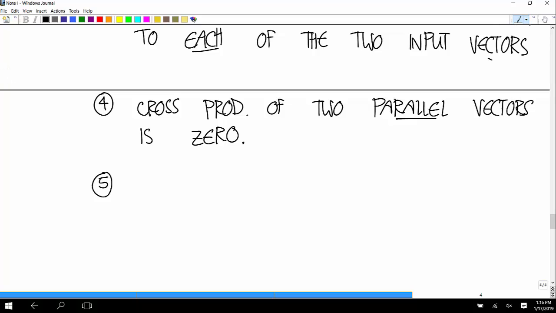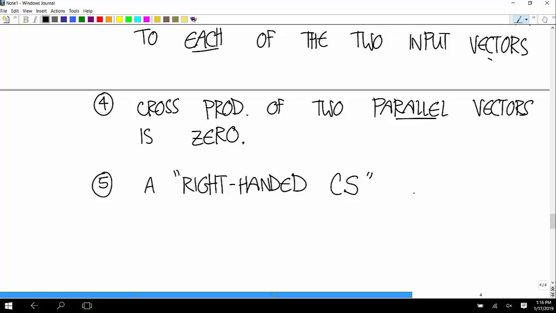what's known as a right-handed coordinate system. I'm going to write coordinate system a lot, so I'm going to abbreviate it CS.